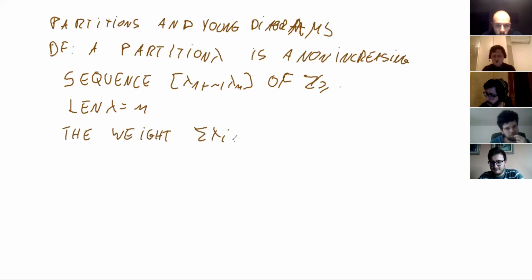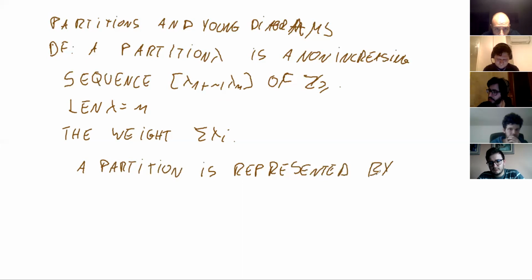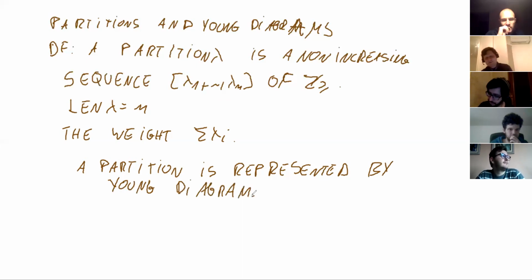Okay. Now a partition is typically represented in algebraic combinatorics by a Young diagram. The Young diagram is not something you define, it's something you draw, so I will just define it through examples.